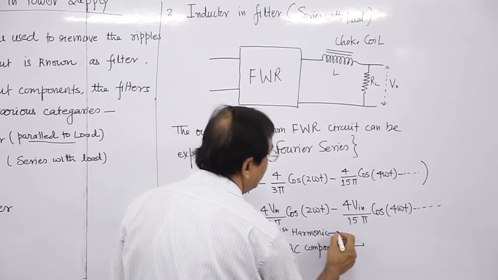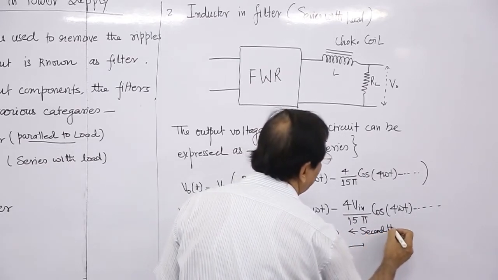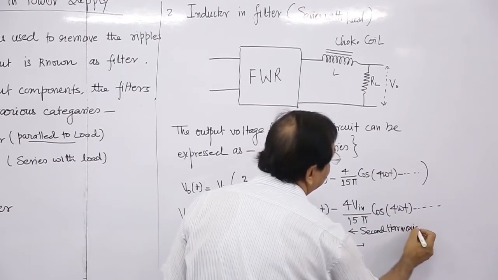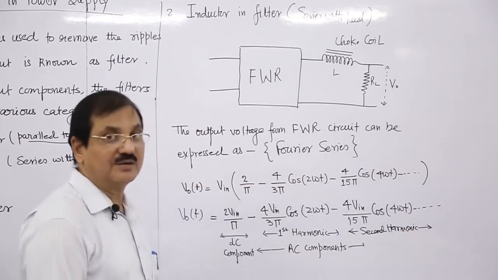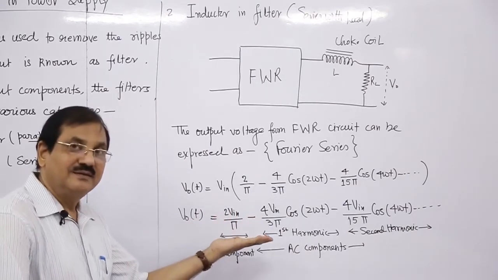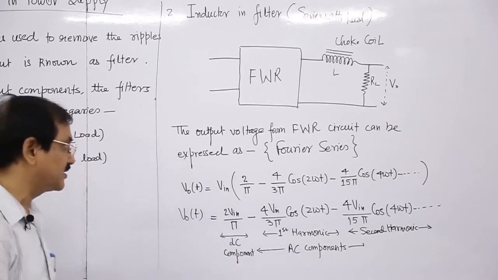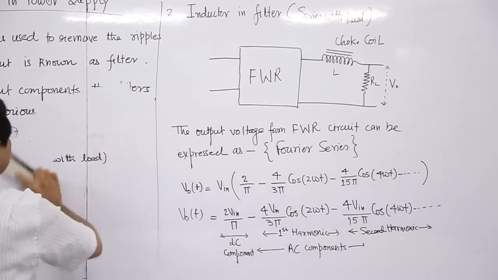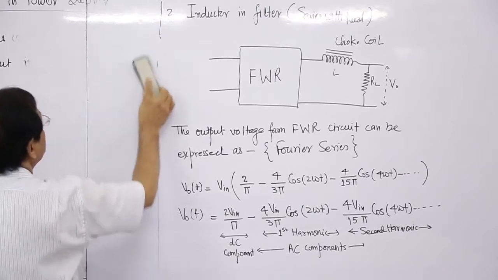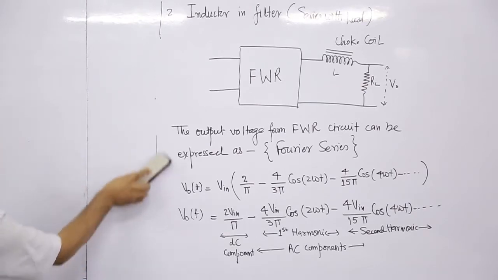From here it is the second harmonic. This is your second harmonic variation. Now, it is very important to analyze the nature of the first harmonic and second harmonic in the circuit of this filter. So, for this we can draw the diagram of this output by analyzing the terms.